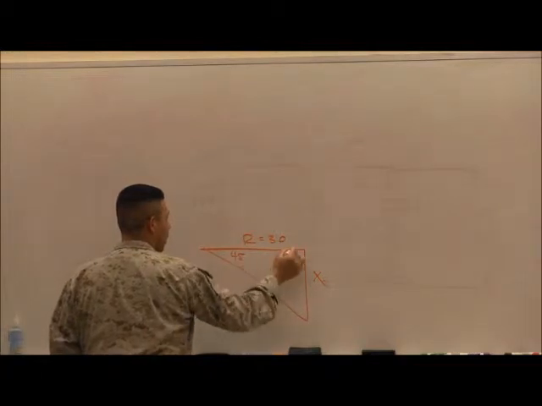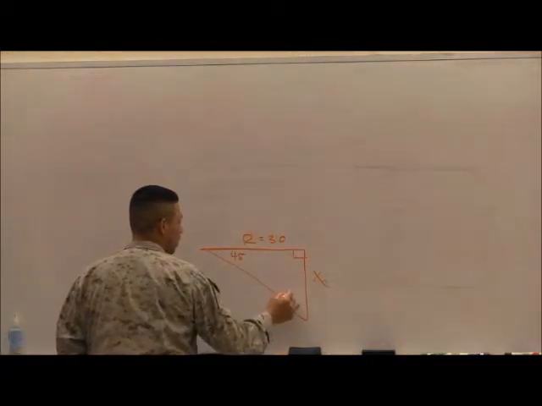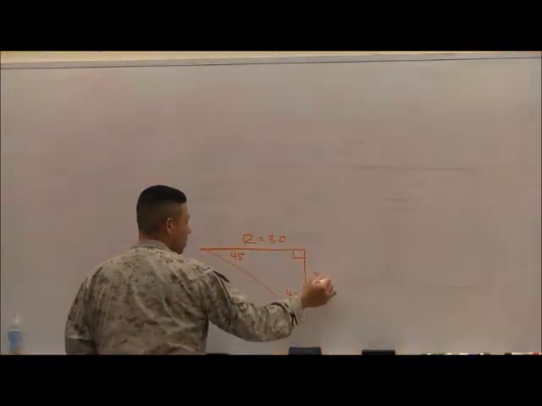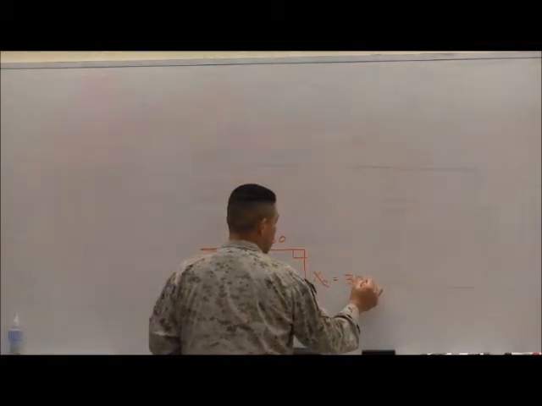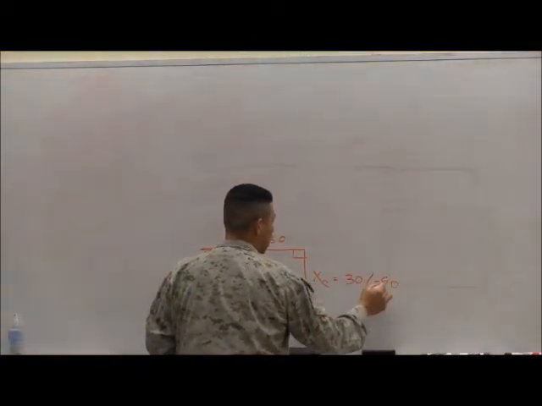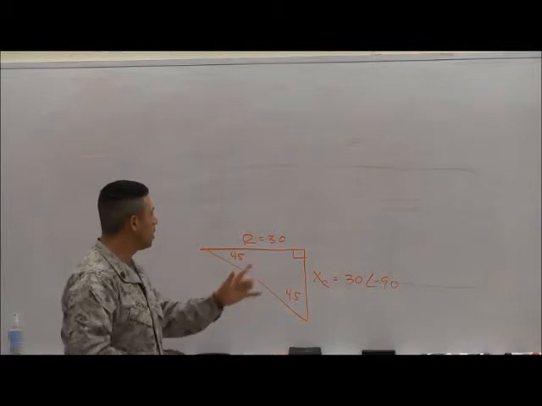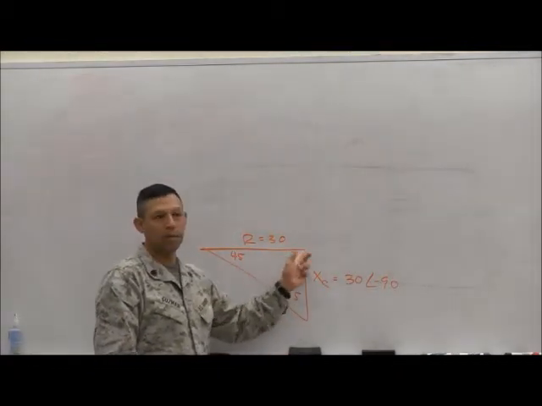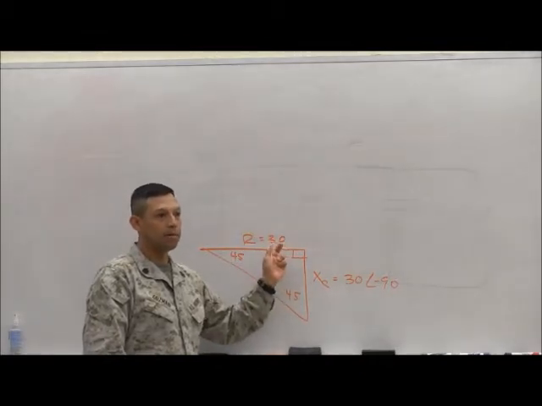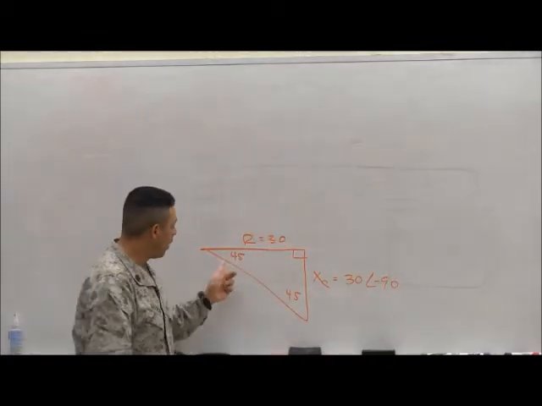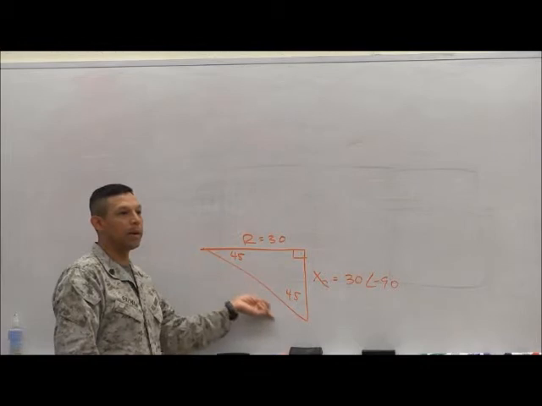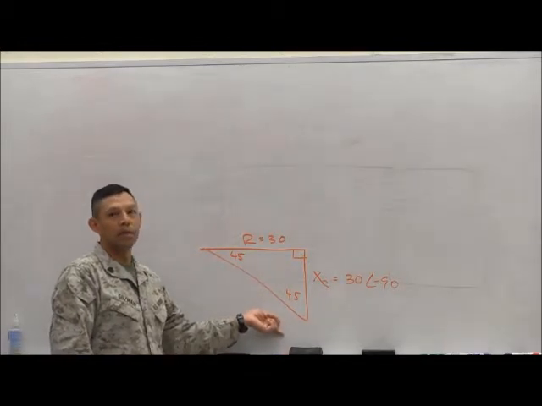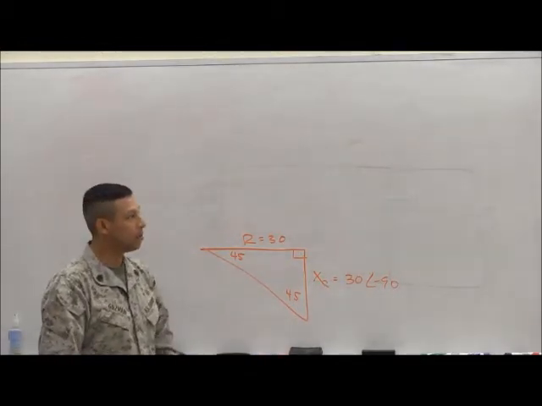This is 45 and this is 90. So this is 30. At F1, X sub C is going to equal R, right? And this length is how much bigger? Square root of 2 times bigger.